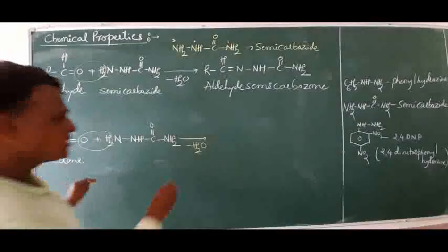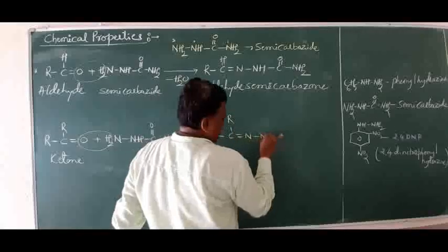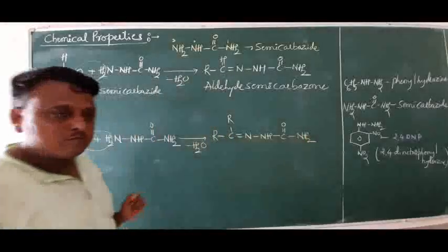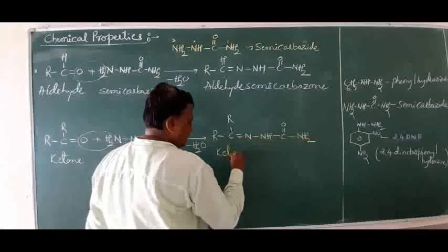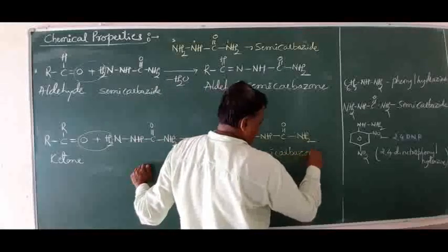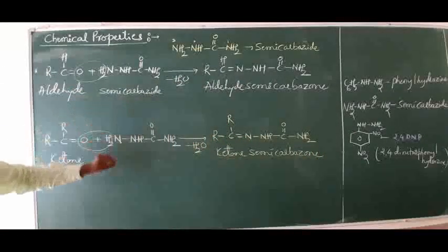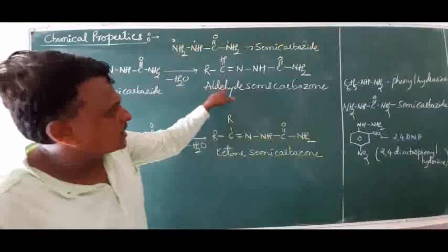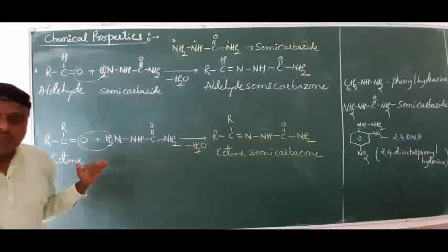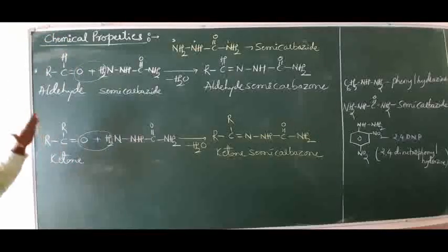Then the product is R2C=N-NH-C(=O)-NH2, a ketone semicarbazone. I repeat once again, friends: either aldehyde or ketone reacts with semicarbazide to form the corresponding aldehyde semicarbazone or ketone semicarbazone. This is the fourth condensation reaction of aldehydes and ketones in their chemical properties.